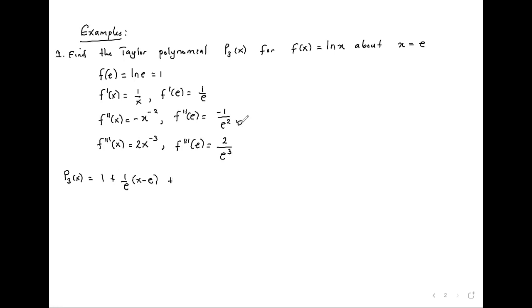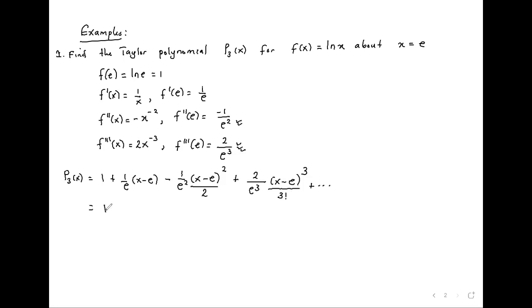So I'll put minus 1 over e squared times x minus e squared, and this was over 2 factorial, which is just 2, and then plus 2 over e cubed times x minus e to the power 3 over 3 factorial. And then we end there because we just wanted up to the third.